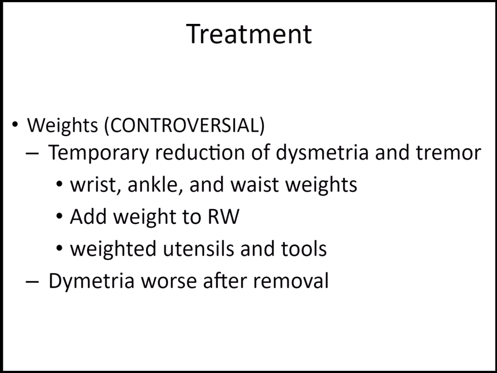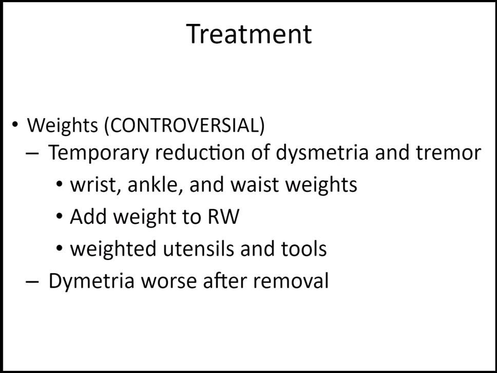And then finally, one last point is something that people used to use, it's more old school than anything, and it's become very controversial: using weights. If you add ankle weights or wrist weights to the person, you can use weighted utensils or tools for feeding. It's going to provide a temporary reduction of their dysmetria and tremor.